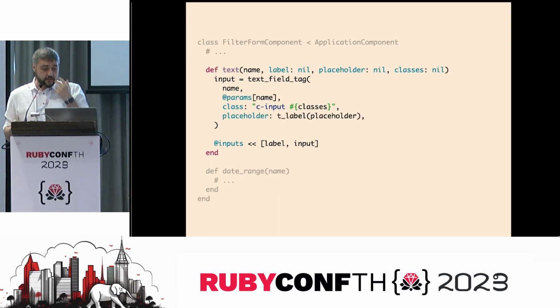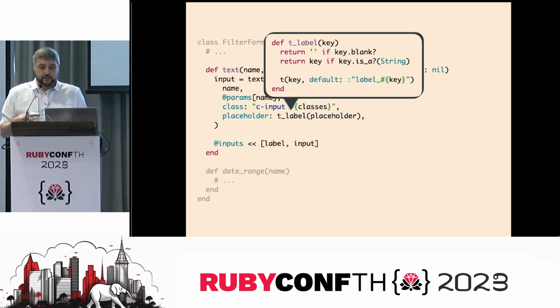And the other one is the text, just search for text. Because my application is internationalized, I have a lot of T helpers, which help me with internationalization. One of my T helpers is the T label, which gets a key. If the key is a string, it just displays it, which means it comes from somewhere in the logic.